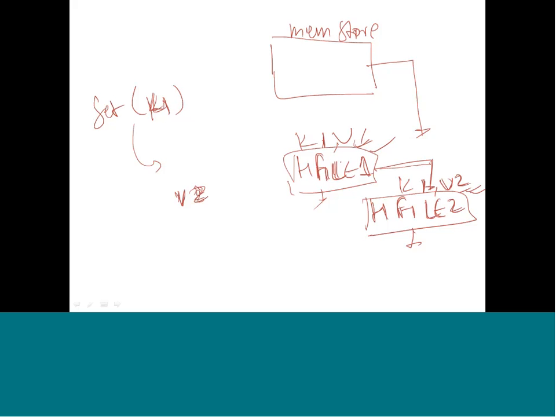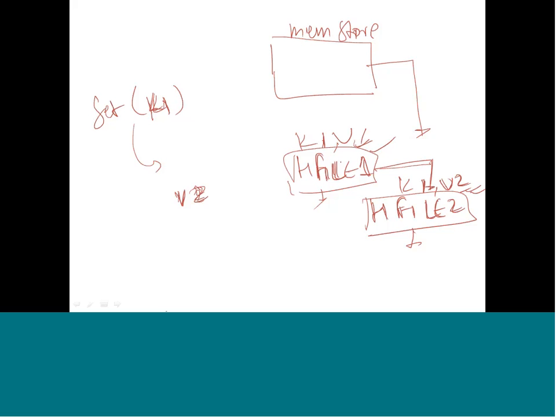The point is this, you don't write to existing files, or you don't edit existing files, correct? Yes. It is just the get operation that makes sure the right value is returned. Yes, right.